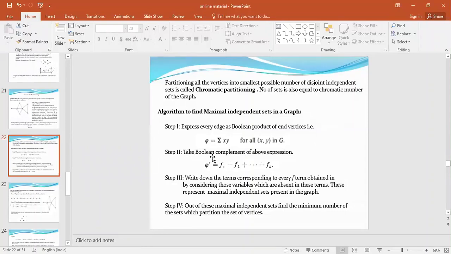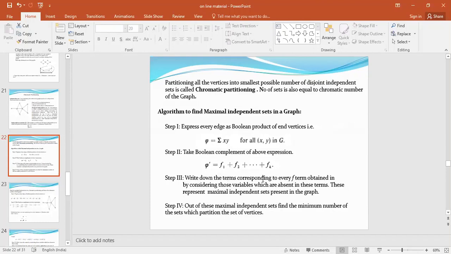The second step is to take the Boolean complement of the above expression. When you take this complement, you have to apply De Morgan's law. Then third, write down the terms. You will get these types of terms, which I'm calling F terms. Corresponding to every term there is one F term: F1, F2, and then Fk.